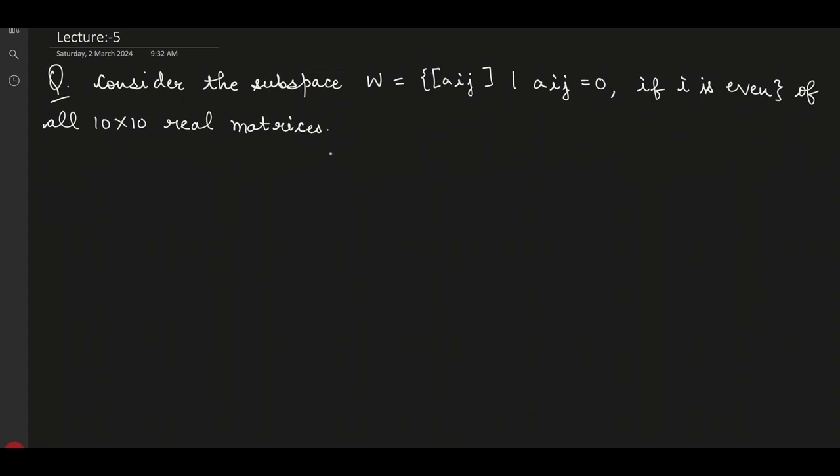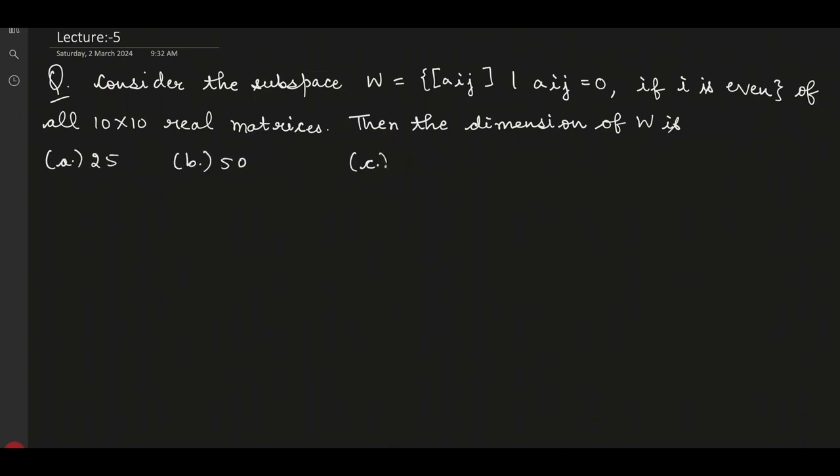Then the dimension of W is: A part 25, B part 50, C part 75, D part 100. Try this question.